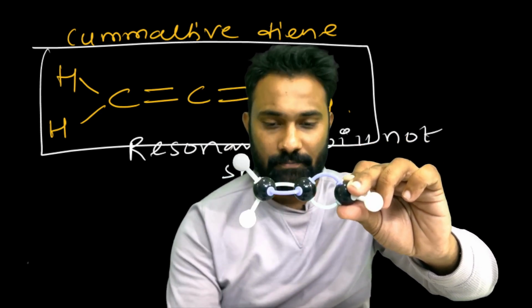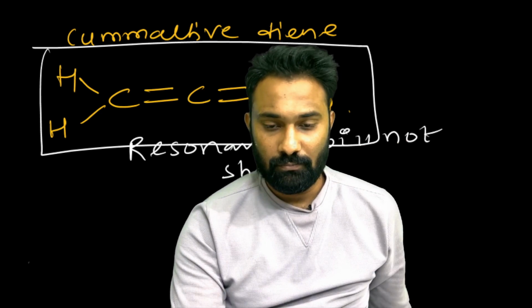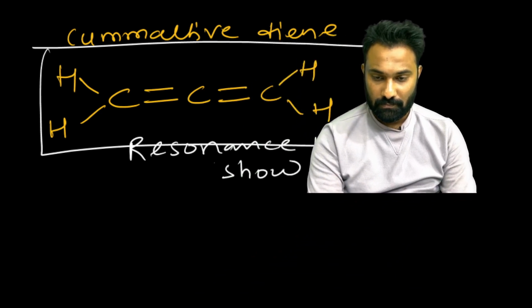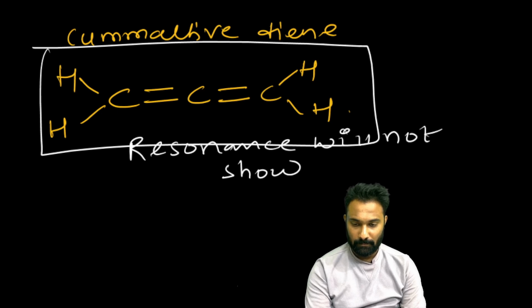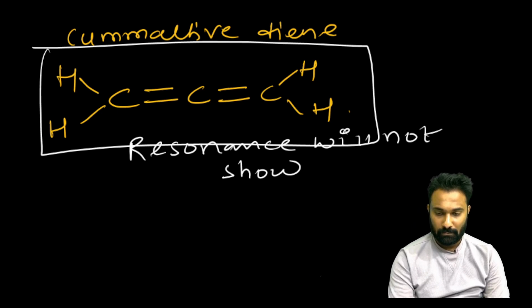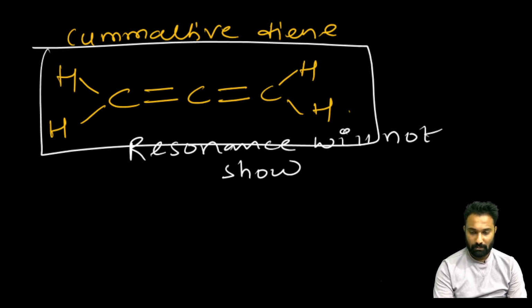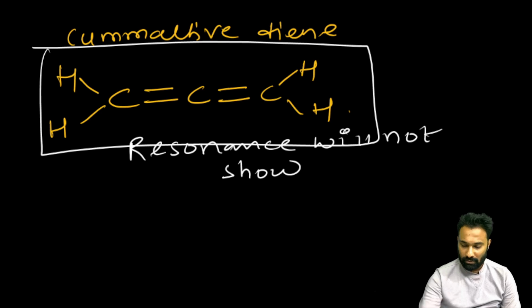Even if an even number of cumulative dienes is given, no delocalization is possible.